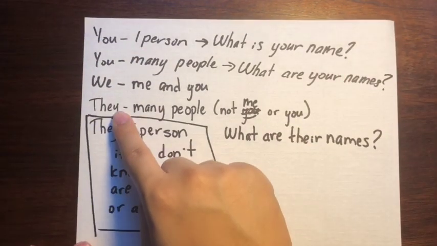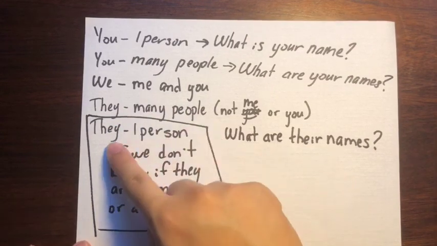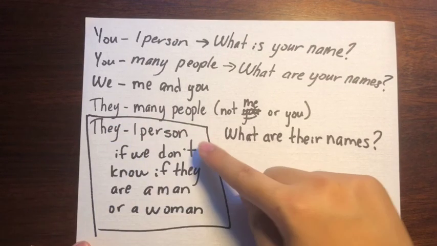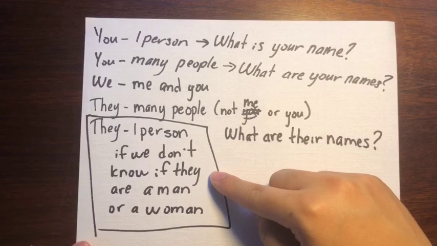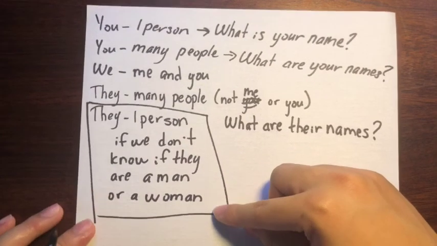We can use they for many people, or we can use they for one person if we don't know if they are a man or a woman.